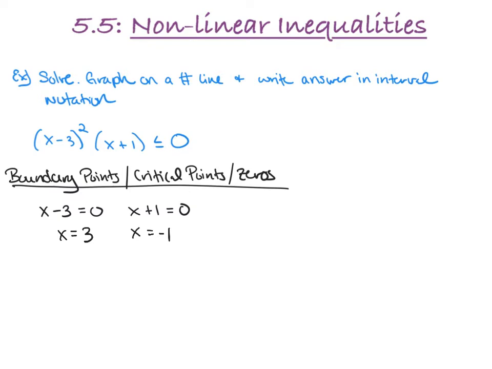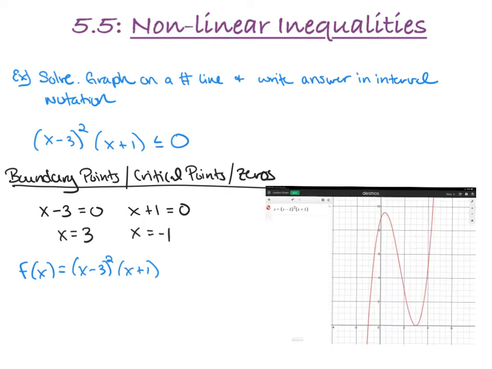Now I'd like to show you what a picture of the function f of x equals (x minus 3) squared times (x plus 1) looks like, and discuss what it means to be less than or equal to 0. Here's a great picture of that function. Our boundary points, critical points, zeros, whatever you want to call them, are 3, which would be here, and negative 1, which would be here.